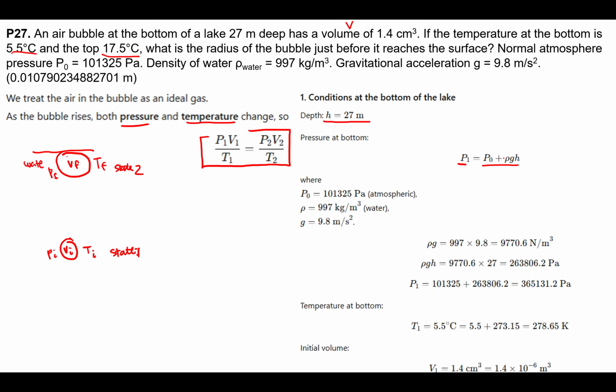If you look at it, pressure is actually the force divided by the area. So force in this case is actually the water. Water is going to give you the additional pressure. So initially, atmospheric pressure is this, and the water will increase the pressure.